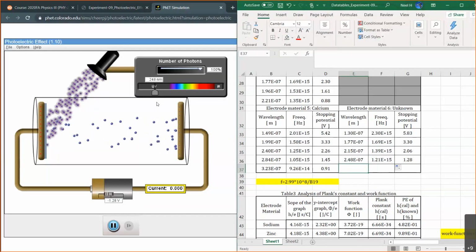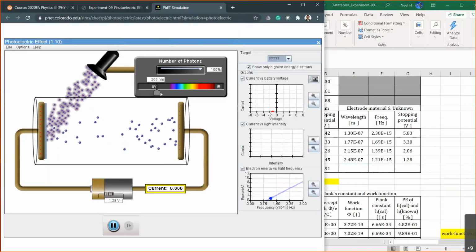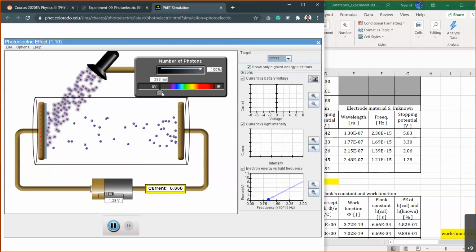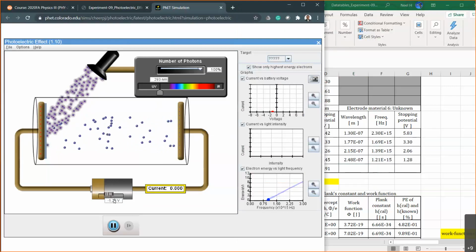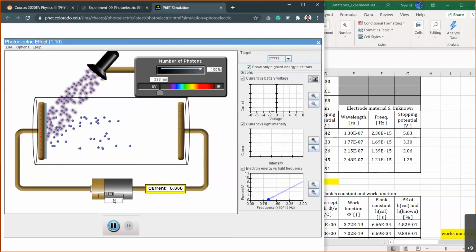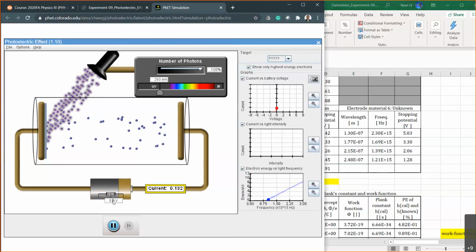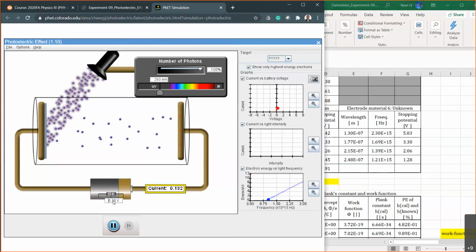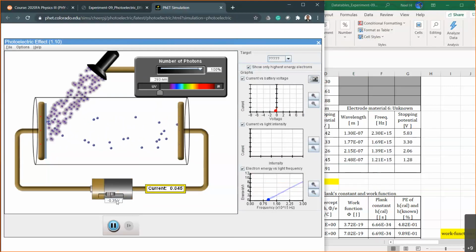Let's do one more data point, like maybe 284, close to 300. About 0.5, no current, about 0. There's a current, about 0.2, 0.3, negative 0.3, maybe 0.35, negative 0.4, negative 0.5, too high.